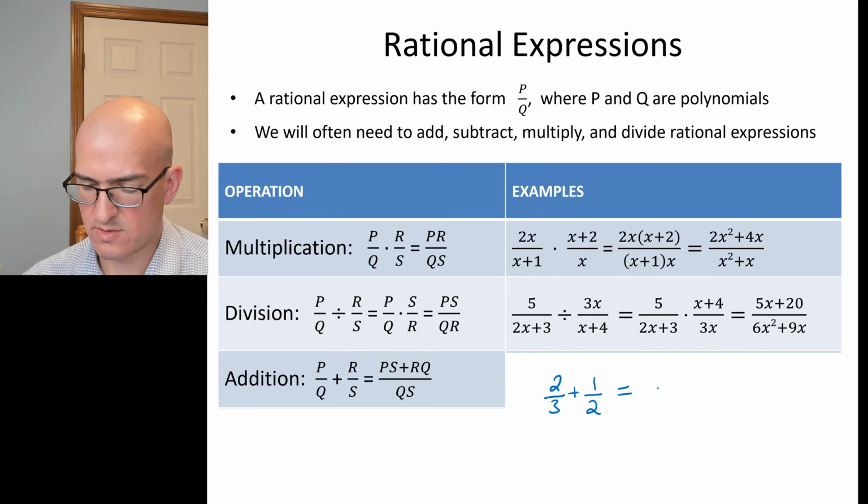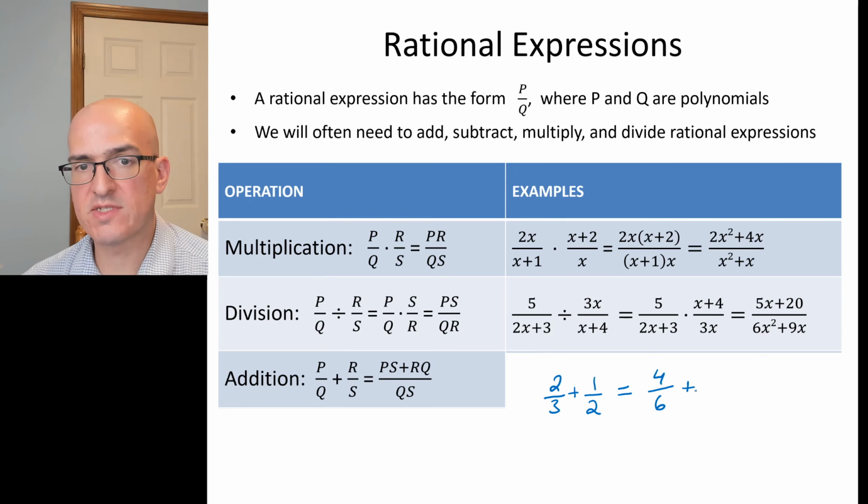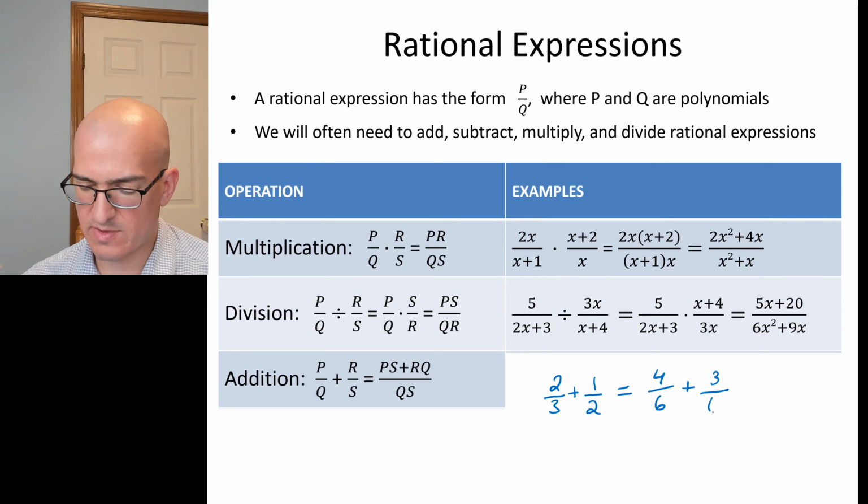So how many sixths am I going to have? I'm going to have 4. So I cut those 2 pieces each into 2 more pieces. And then the 1/2 pizza, I'm going to cut each of those 2 pieces into 3 pieces. So 1 times 3, and then 2 times 3.